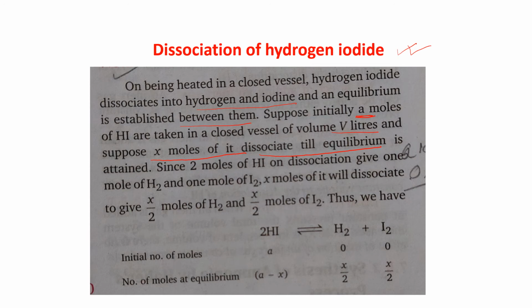Now, since 2 moles of HI on dissociation give 1 mole of H2 and 1 mole of I2, if I am taking X mole of it, that is HI, it dissociates to give X by 2 moles of H2 and X by 2 moles of I2. 2HI is giving you H2 and I2.